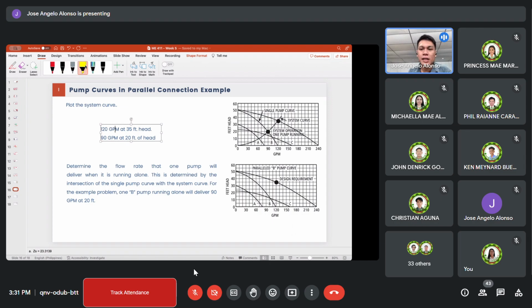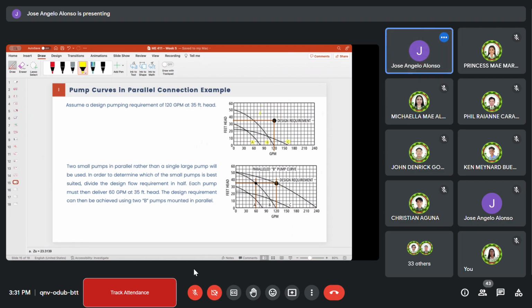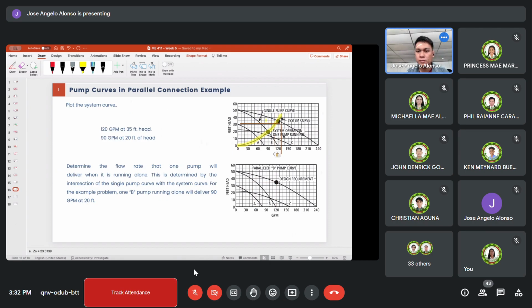Next, ang gagawin natin is to plot the system curve na tinatawag to determine the system operating condition. Okay, so if both pumps are running together, then masasatisfy natin yung condition natin.